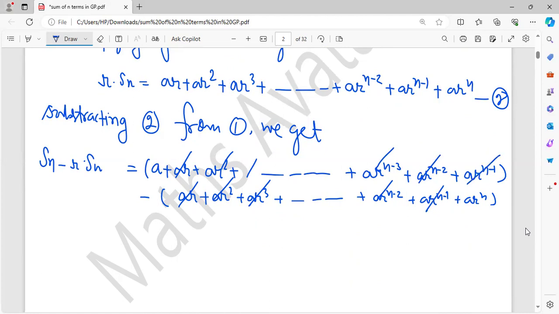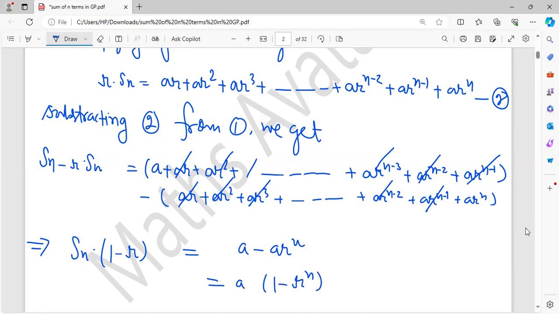So this implies you take Sn common: Sn times 1 minus R equals A minus AR to the power n. So you can take A common.